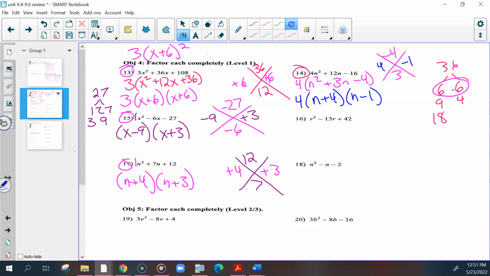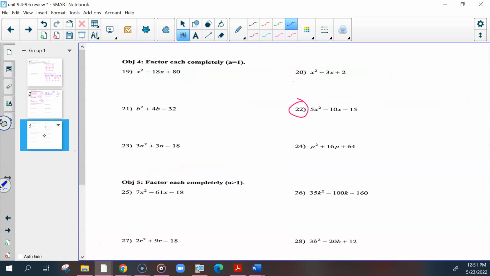On the back, in that same section, 22 is similar. Do these have something in common? Yes, 5. So we could factor out a 5. If we did that, what would be left? x squared minus 2x minus 3.